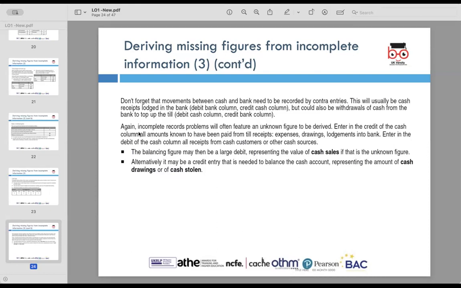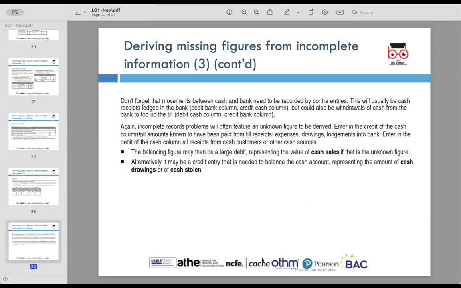Okay, so accounting for movement between cash and bank accounts involves recording contra entries to maintain accurate financial records. Key points include contra entries explanations. Contra entries are transactions that involve both the cash column representing cash transactions and the bank column representing bank transactions.